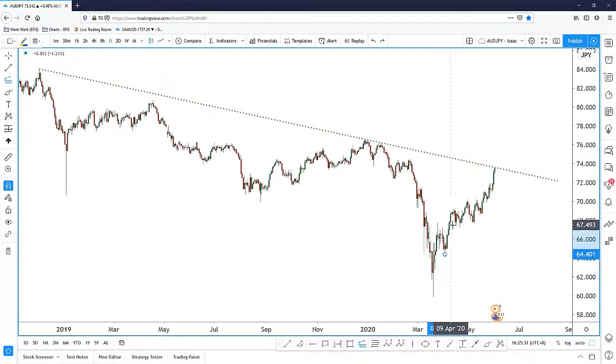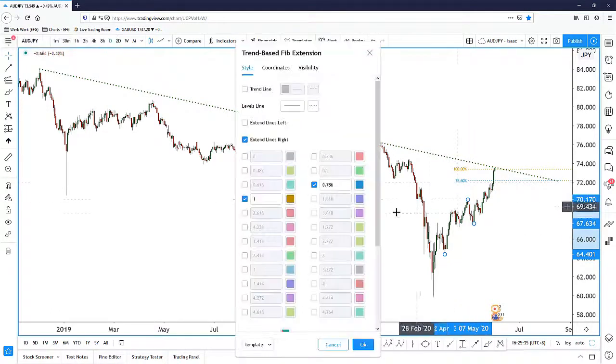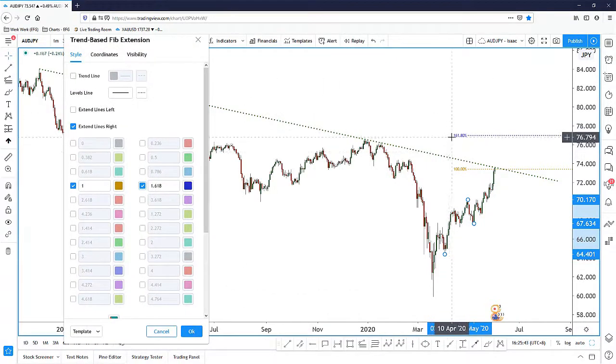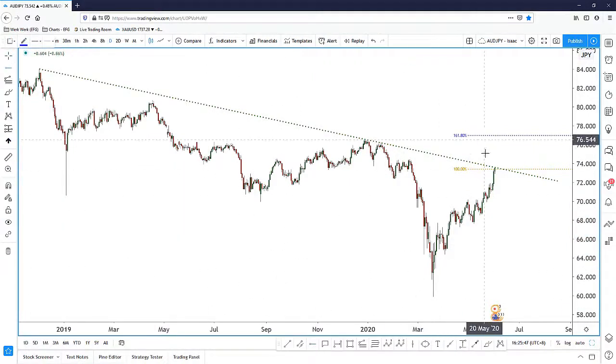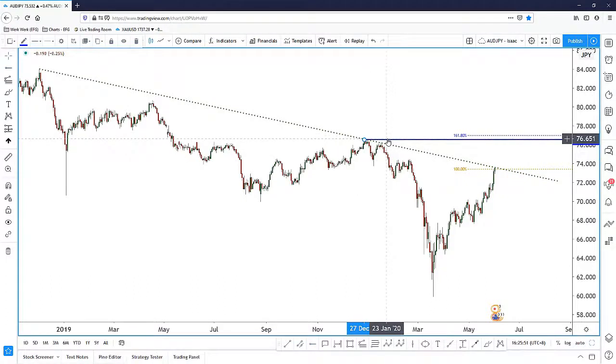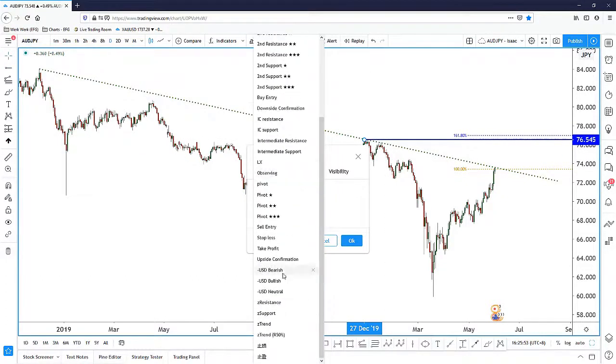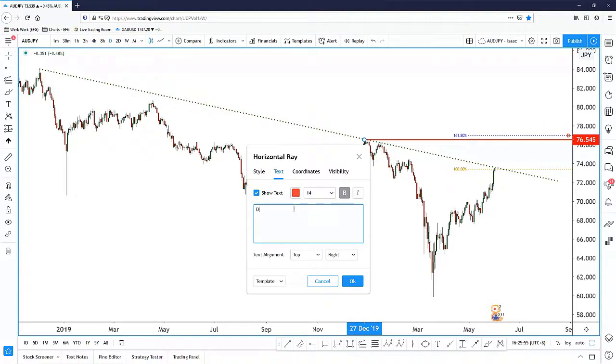Right now, price is really testing the 100%. It's a zone. The next level that price will test, if surpassing it, will be the 161.8. Because I want to leave some room for the market, I'm just going to put my resistance at this level here. I'll call it the daily resistance.